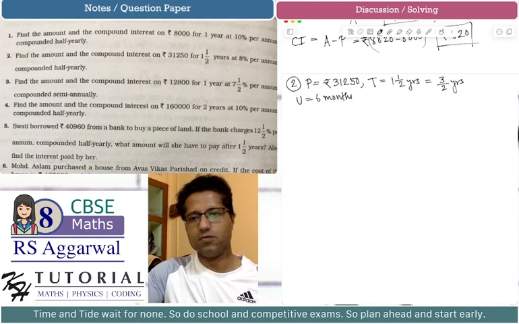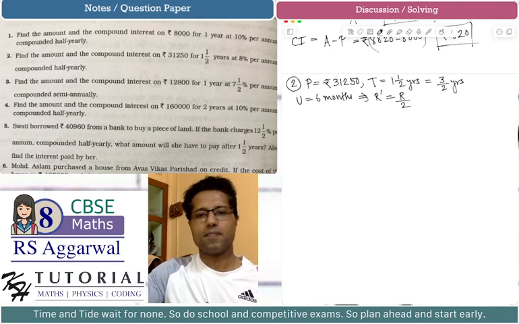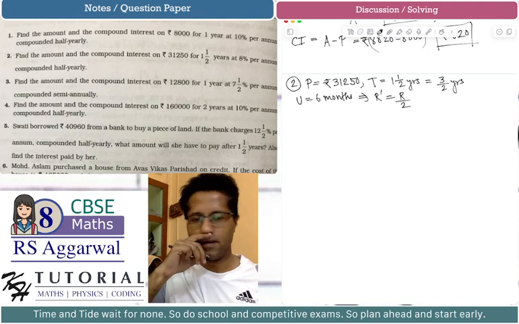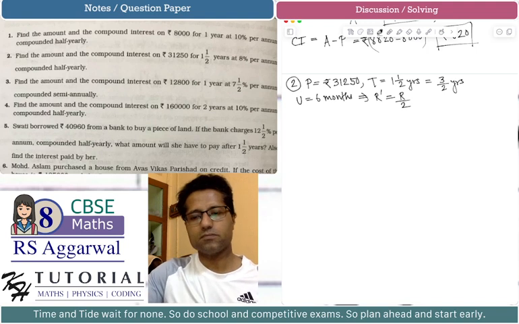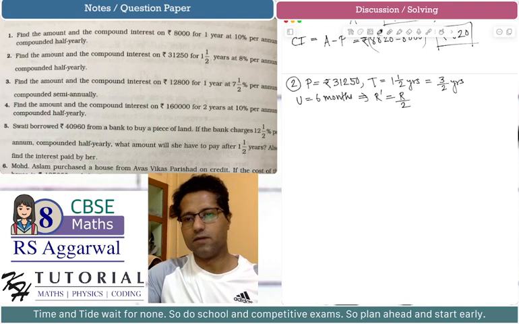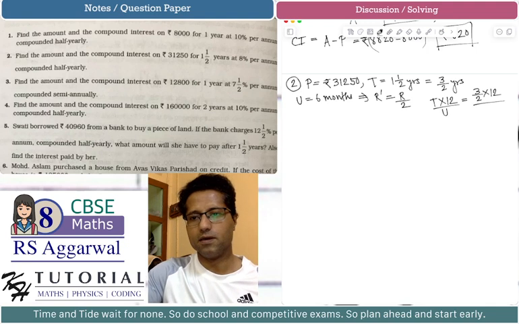And whenever U is equal to 6 months, always remember R dash is equal to R by 2. Also, we need to find small n and the fraction a by b, which will come from the value of t multiplied by 12 divided by u. This is equal to t is 3 by 2 multiplied by 12 divided by 6.